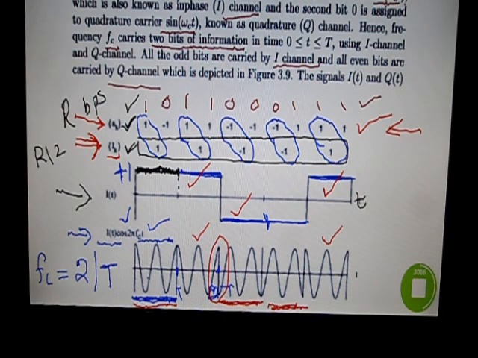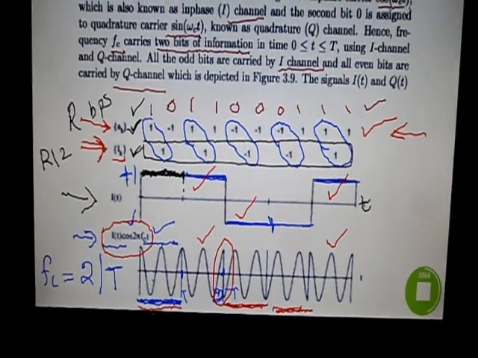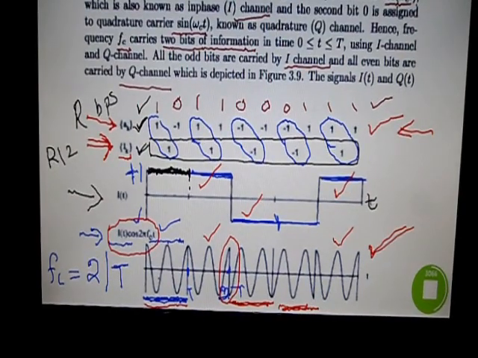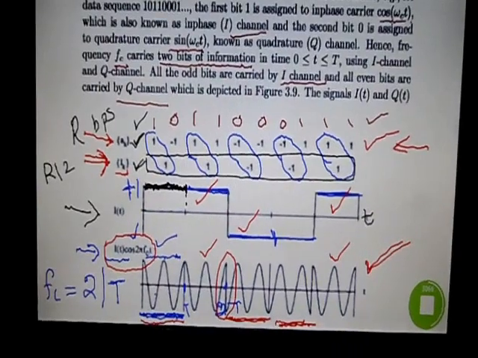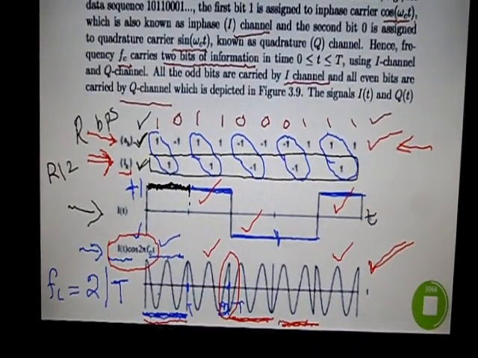So this is the in-phase channel. This is I of t cos 2 pi f ct, the modulated in-phase channel, which is exactly similar to our BPSK modulation, because we saw this type of signal when we generated a BPSK signal.